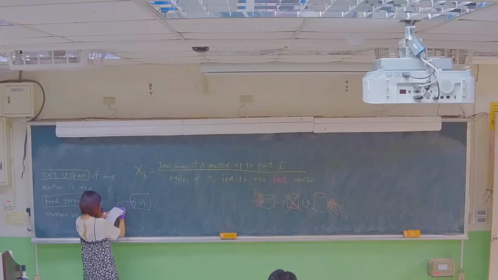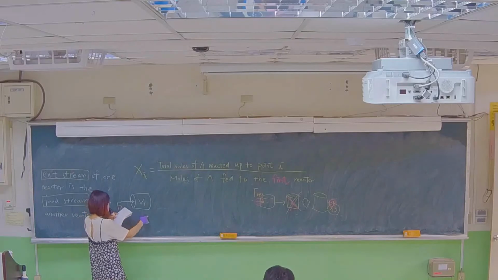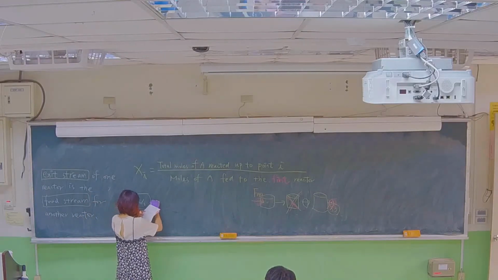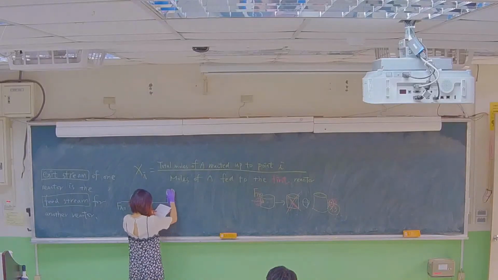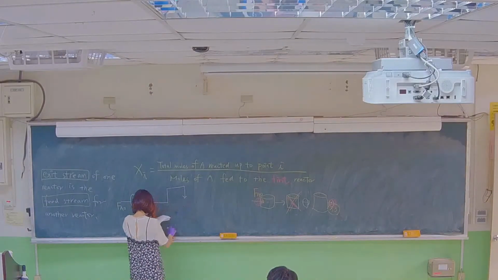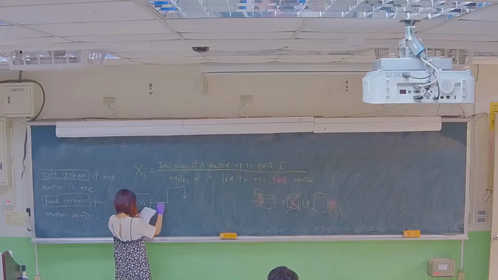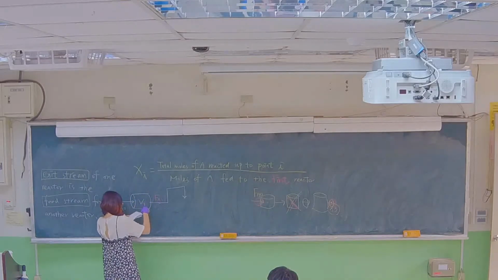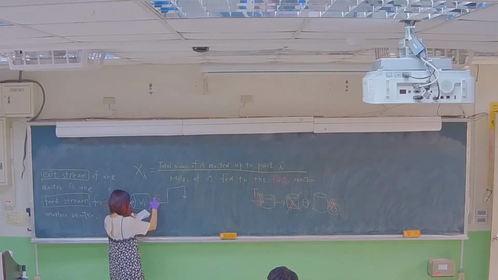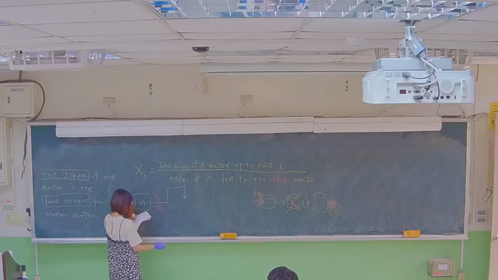In flow, molar flow rate, FA0. Okay, so when the stream leaves the first reactor, at this point, we have a molar flow rate, FA1. So after the first reactor, you get FA1 and X1.